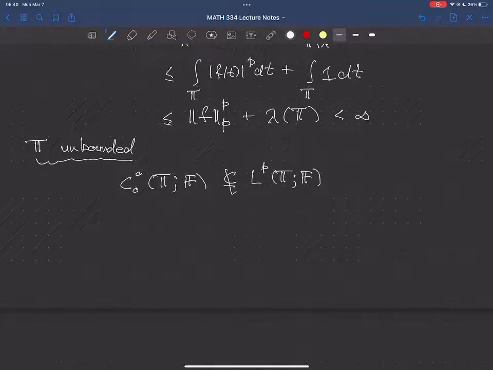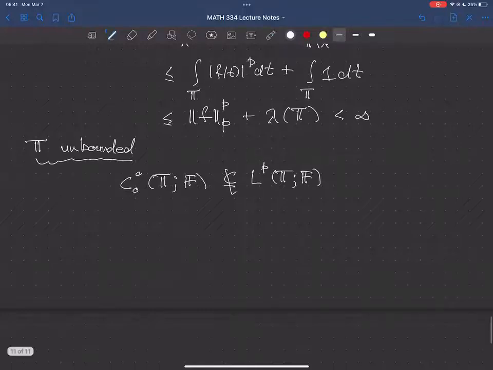The idea, which is very intuitive, is that in order to be in LP, the behavior at infinity for an unbounded time domain should be sufficiently nice that the integrals of the P's powers are finite. These guys just go to 0 at infinity, and no matter how you choose P, I can choose something that goes to 0 slowly enough so that its P norm will be infinite.